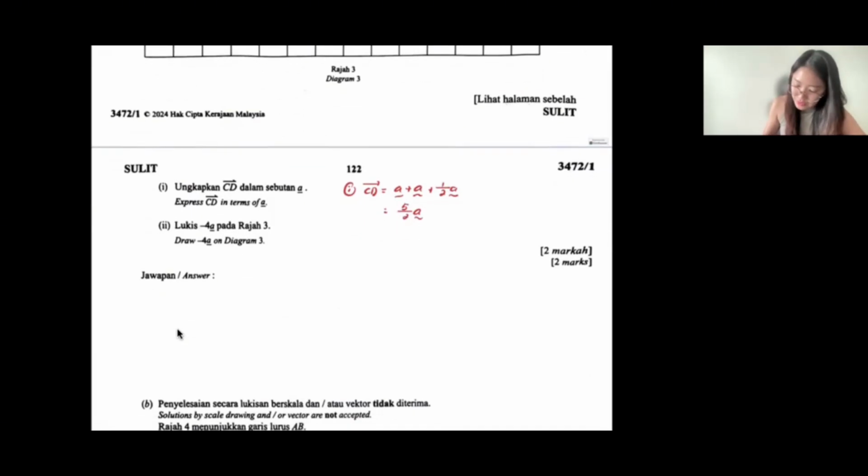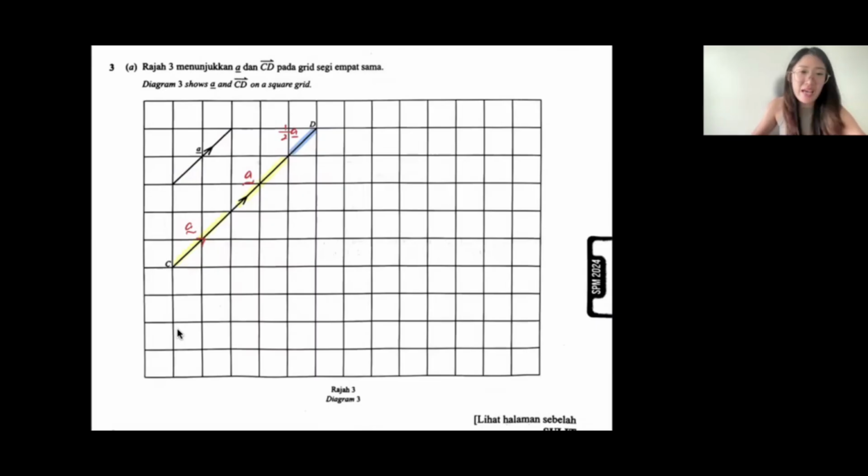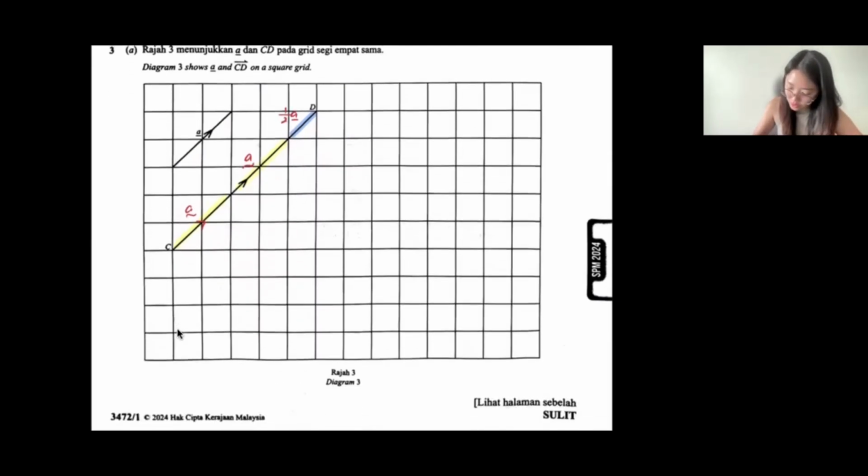Okay, number 2, negative 4A. Negative means opposite direction. All right, you draw the 4A first, wherever you like. So 1A is 2 grids, like this. Then 2A, 3A, 4A.